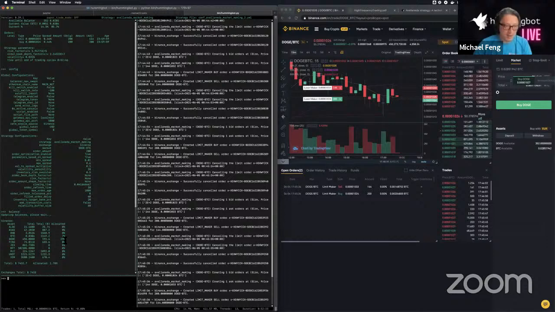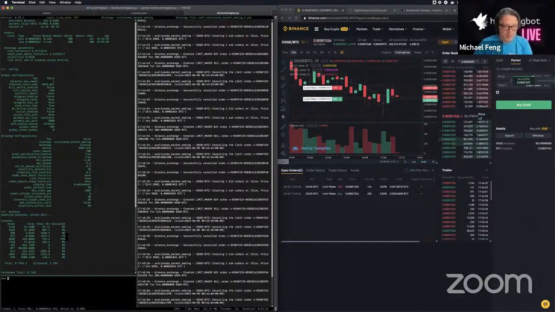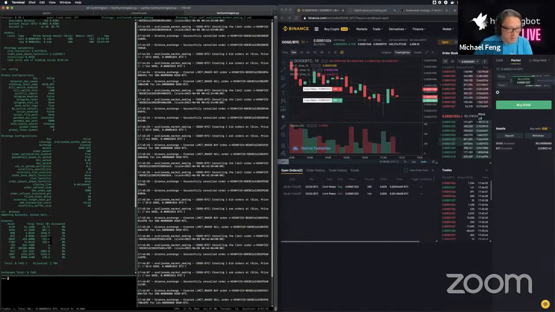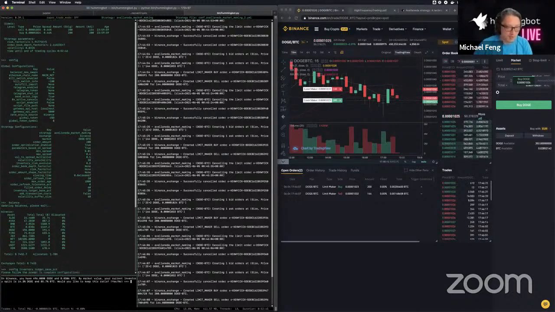Right now, in value terms, 80% of my portfolio is Bitcoin and the other 20% is Doge, between those two. So I wonder what will happen if I change this. Right now it's 14% Doge.